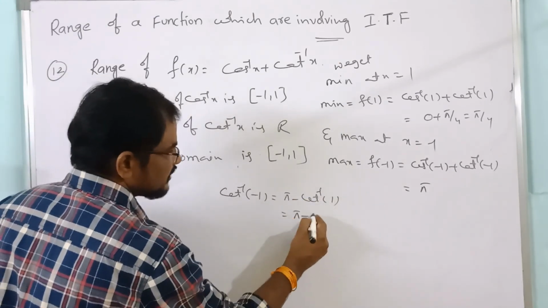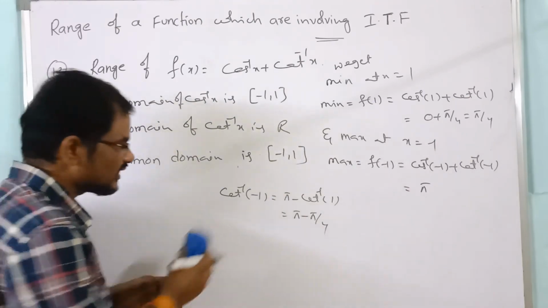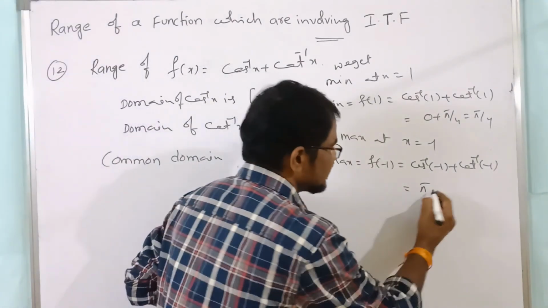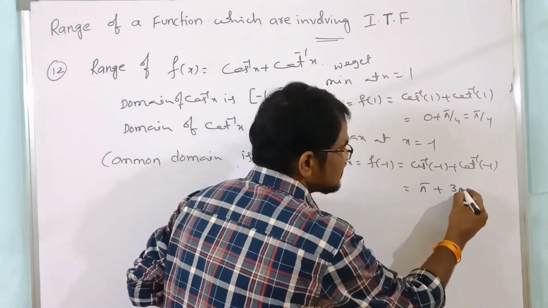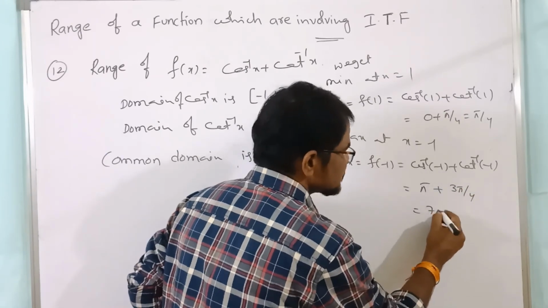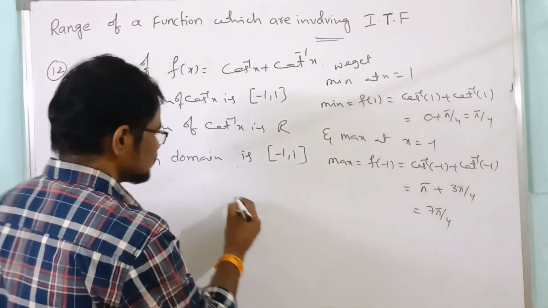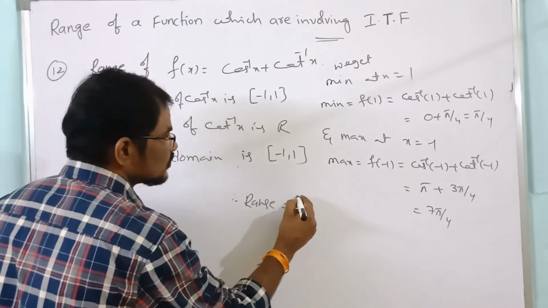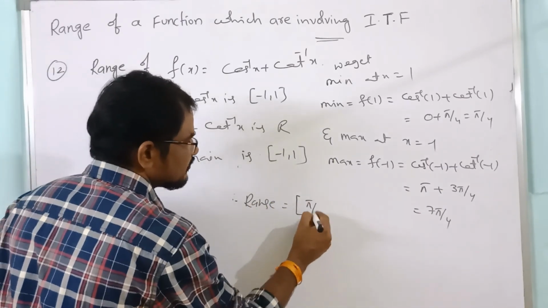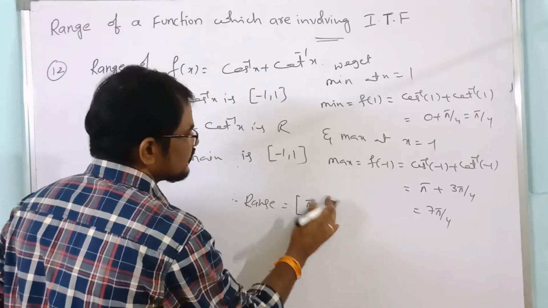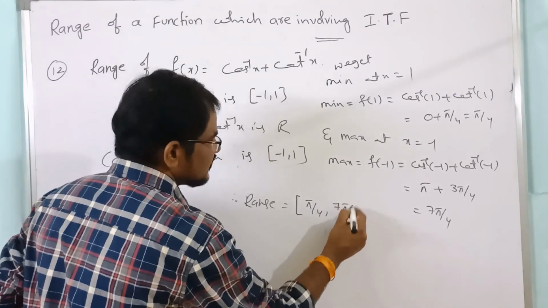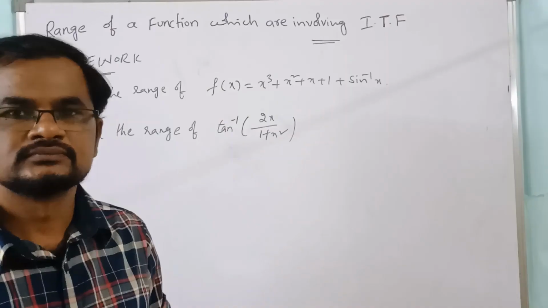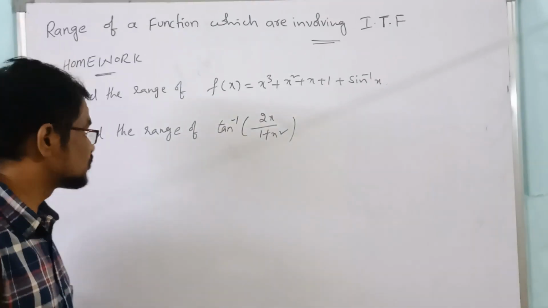That is equal to pi minus pi by 4, which is 3 pi by 4. So that's why here this is 3 pi by 4, that is equal to 7 pi by 4. So therefore, what is the range of this function? Closed interval pi by 4 to 7 pi by 4.